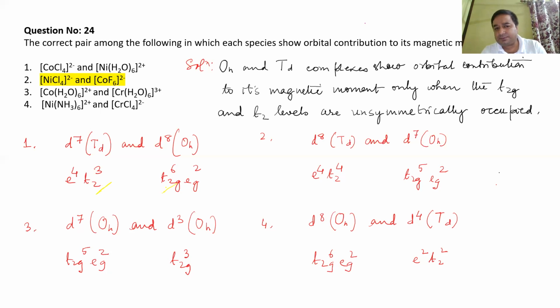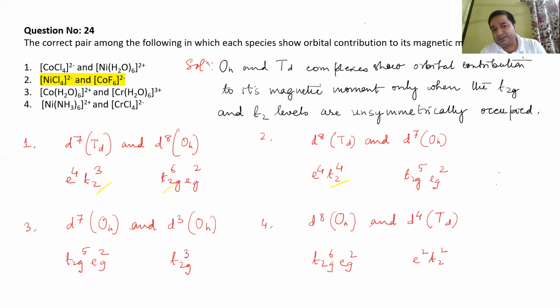In option 2, it is [NiCl4]2- and [CoF6]2-. Oxidation state will tell you it will be in d8 state, but in tetrahedral geometry. Cobalt is in octahedral geometry, and it is d7. Now, if we do the electronic configuration, what we can see over here, it is e^4 t2^4, and here it is unsymmetrically filled.